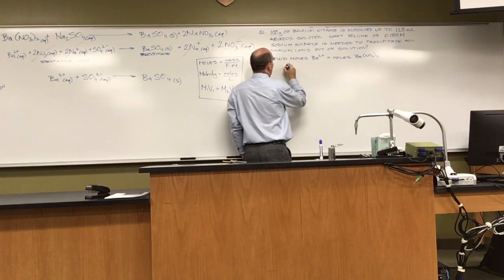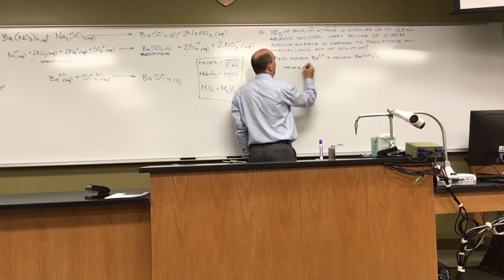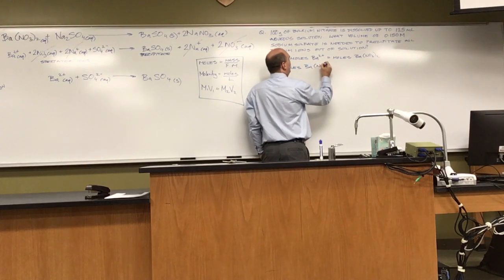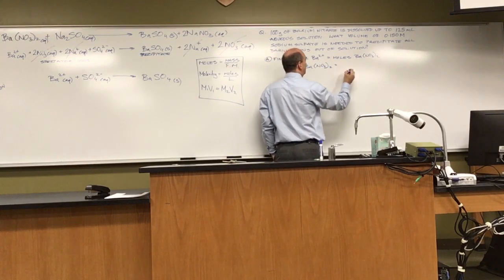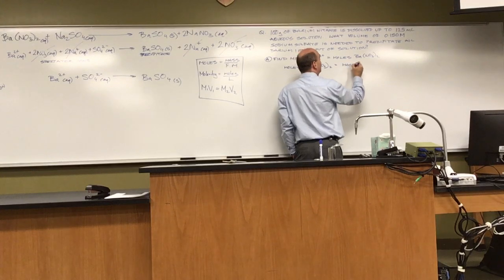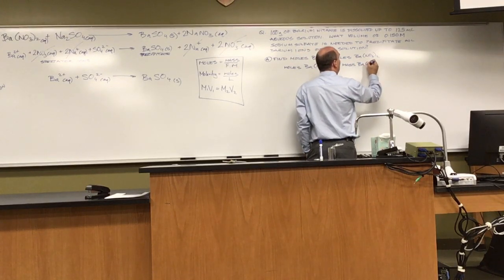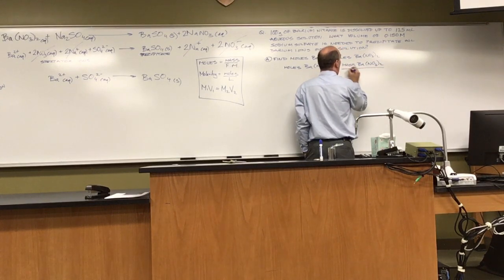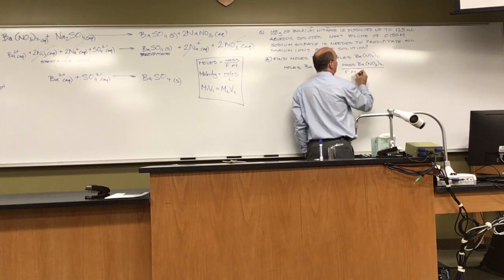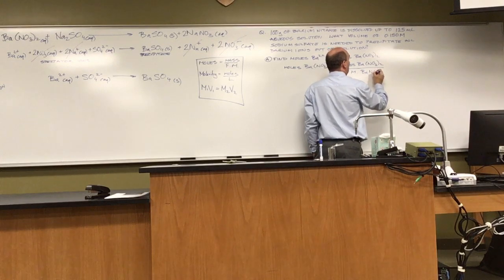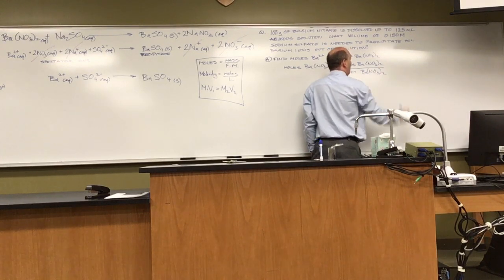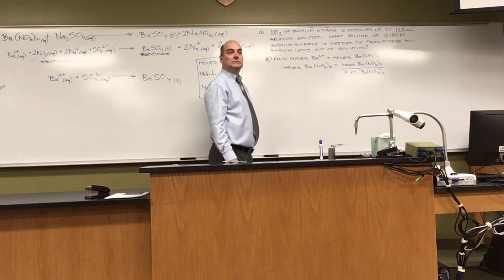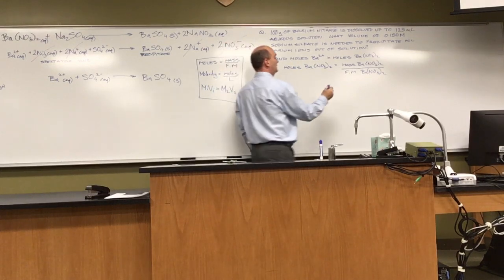Okay, so moles of barium nitrate is equal to the mass of barium nitrate divided by the formula mass of barium nitrate. Okay, let's do it.